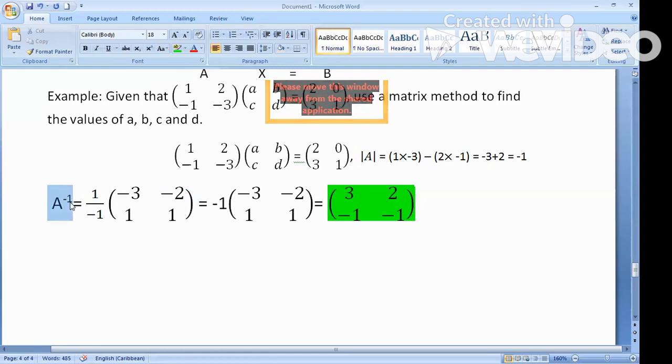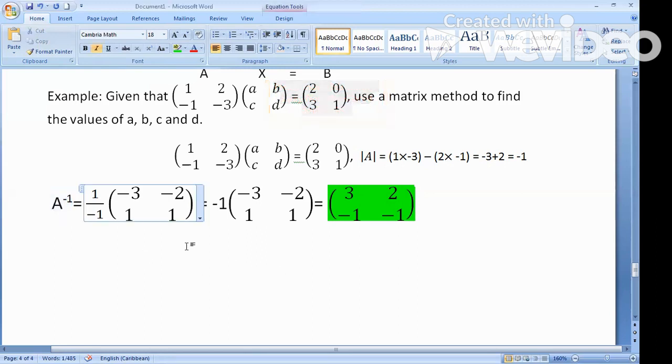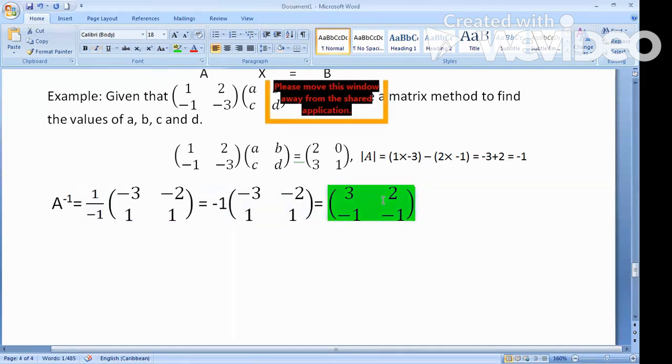So, sir, if you work it out with the 1 over the negative 1? Okay, let me tell you, you could also just leave it as it is. This 1 over negative 1, leave it as it is and continue working with it. Or you can do it this way. But I think this is actually just less stressing on you. What did you do? Did you leave it like this?